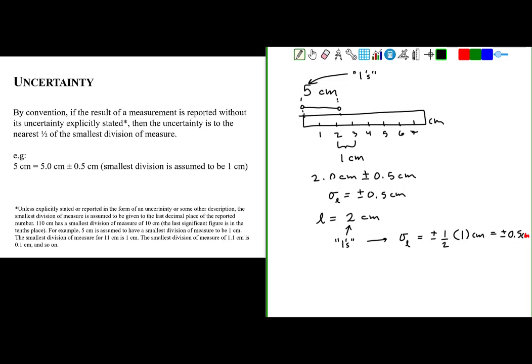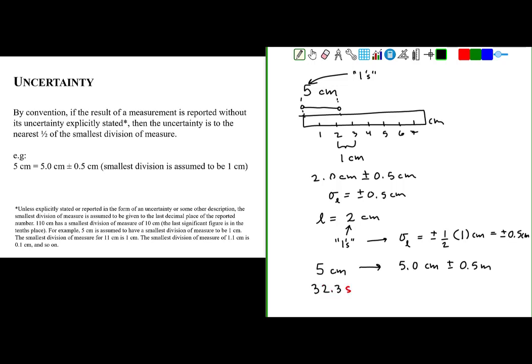If we had a value that was, let's say, 5 centimeters, that 5 centimeters is equivalent to 5.0 centimeters plus or minus 0.5 centimeters.